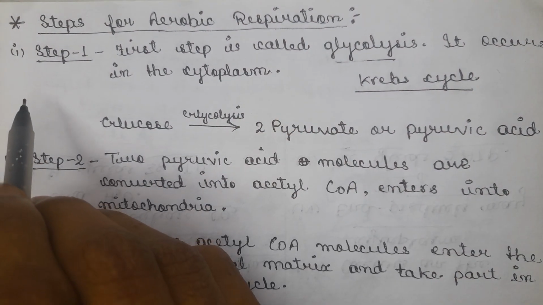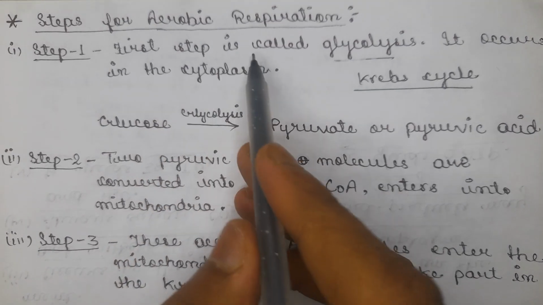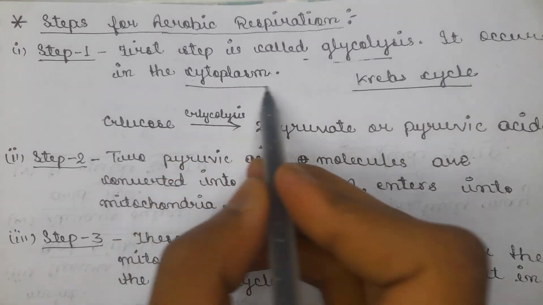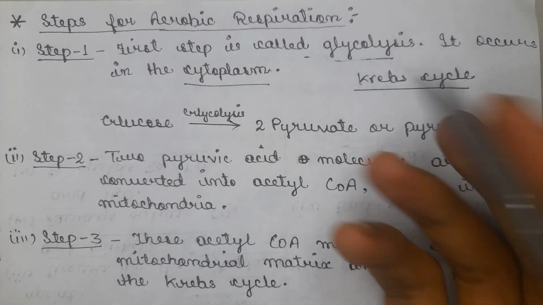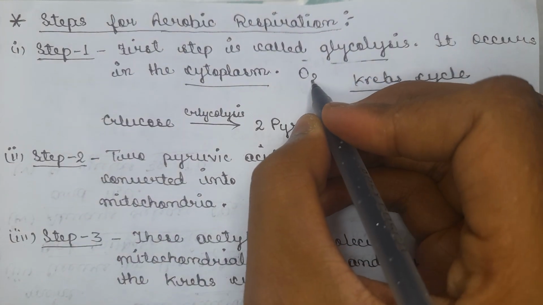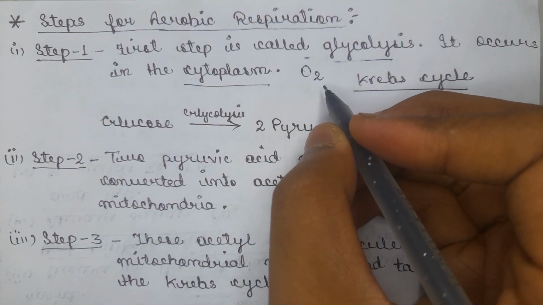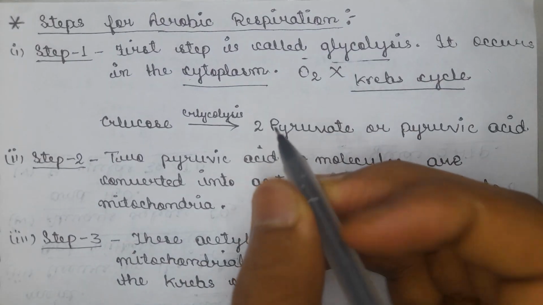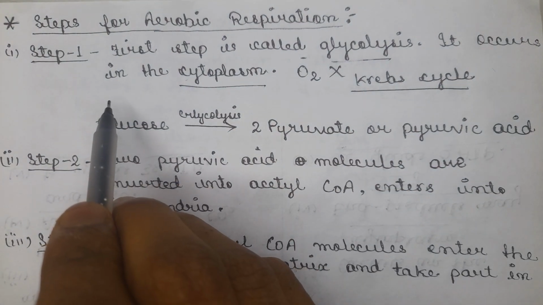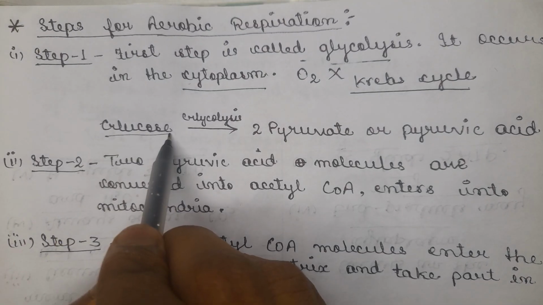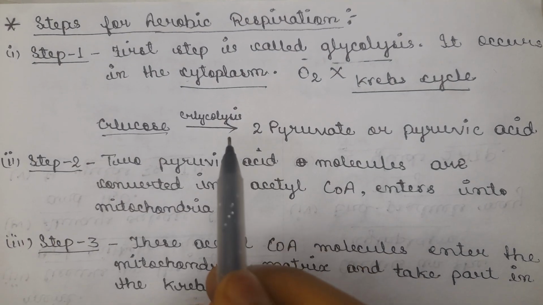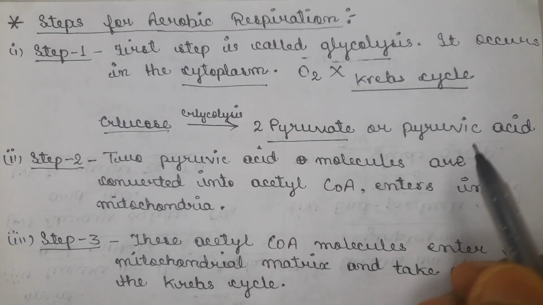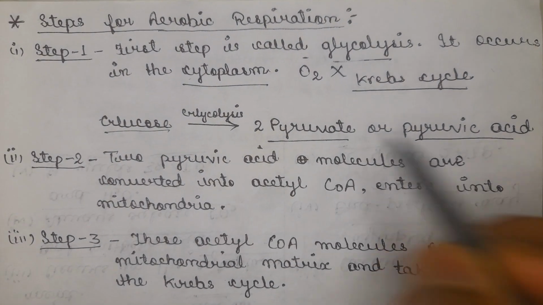The first step is glycolysis. It is the process that occurs in the cytoplasm of the cell, and it does not require any oxygen. Here the 6 carbon molecule of glucose is partially broken down into 3 carbon molecules termed pyruvate or pyruvic acid.